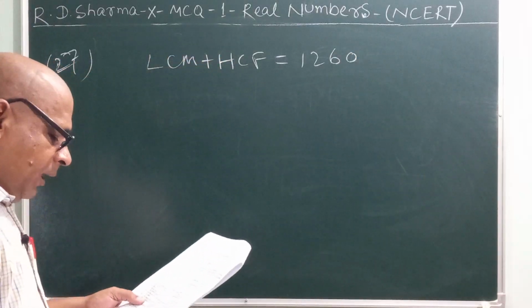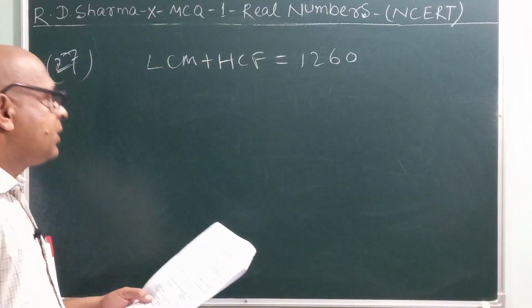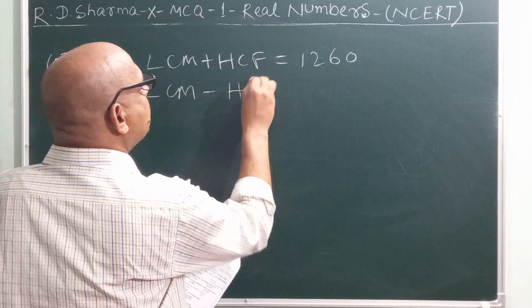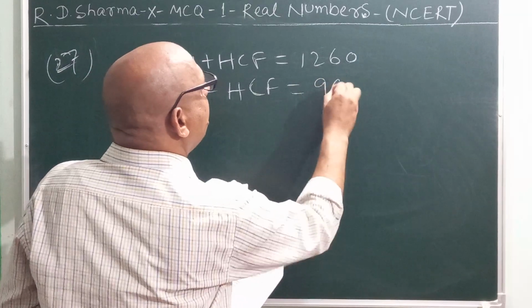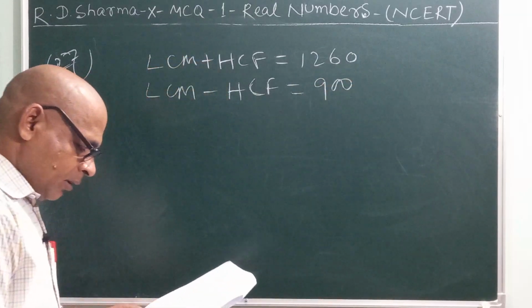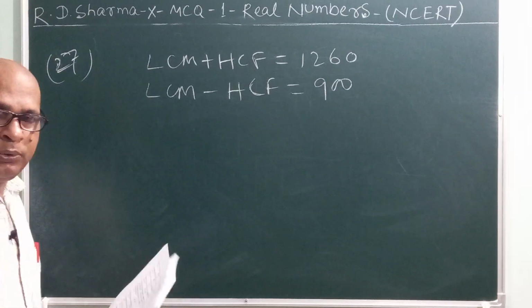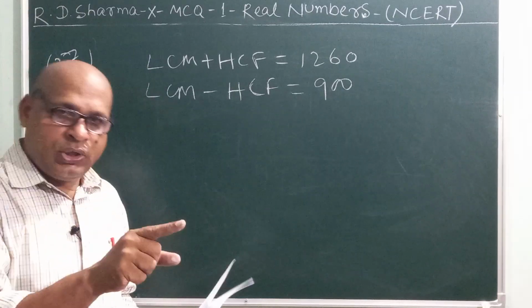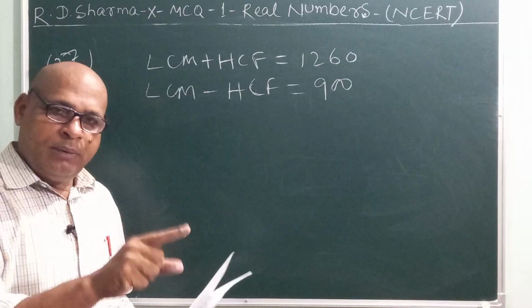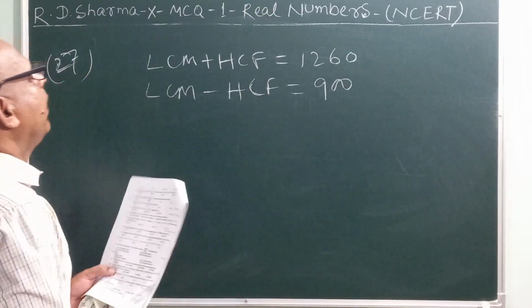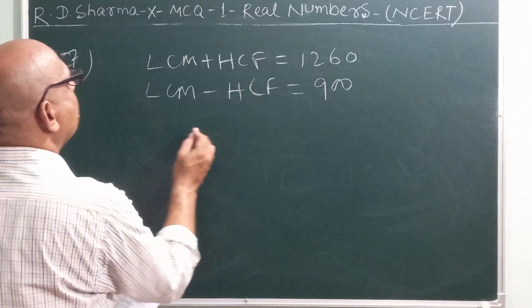Their LCM is 900 more than HCF, so LCM minus HCF equals 900. Then the product of two numbers is the product of LCM into HCF. Clear? Now we find what is the LCM and what is the HCF.